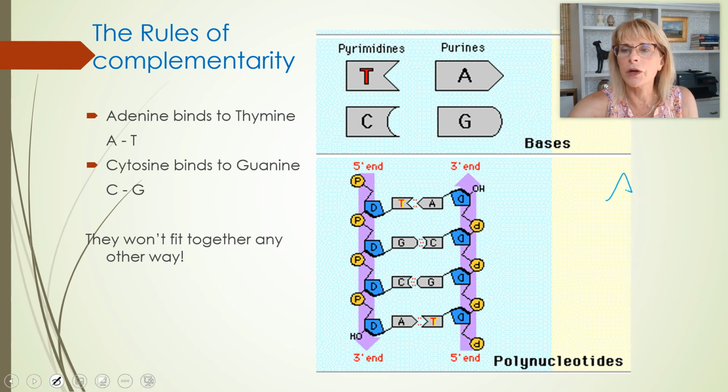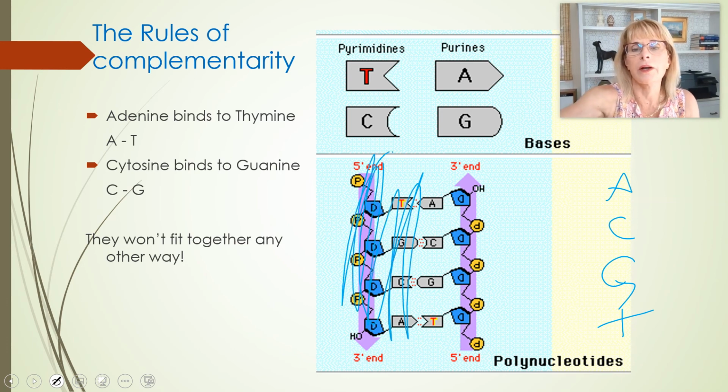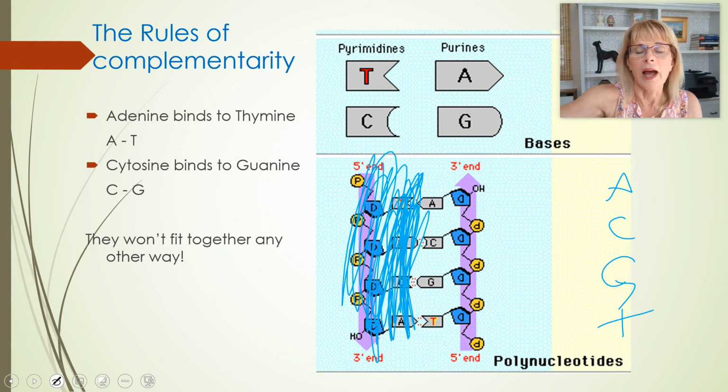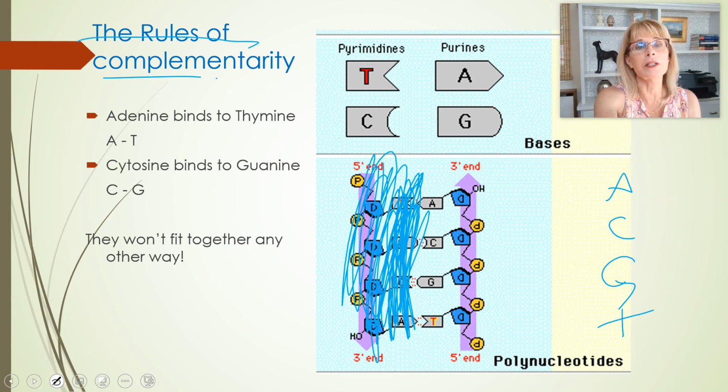So let's imagine over here, I've got adenine, cytosine, guanine, thymine, okay? And so you're going to erase this right here so that I can't see it. And then you're going to say, okay, smarty pants, try and make the left side the way it was. Try and make a perfect copy of the left side. I would just remember the rules of complementarity.